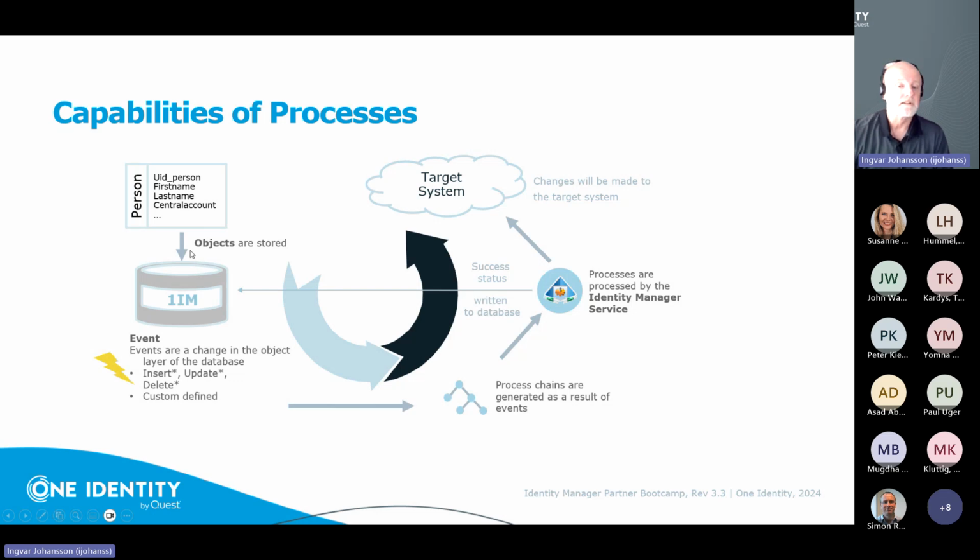Now, there is a lot of other events. We're going to take a look at it in a bit. But obviously, since this is an identity management platform, we do have insert event, update event, and delete events, right?